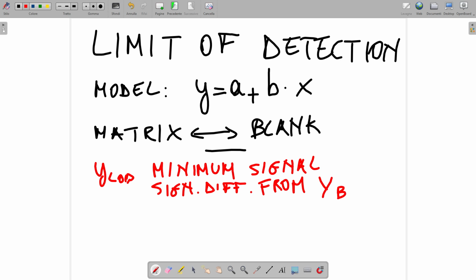YB is the symbol that I adopted for the signal of the blank. Okay?